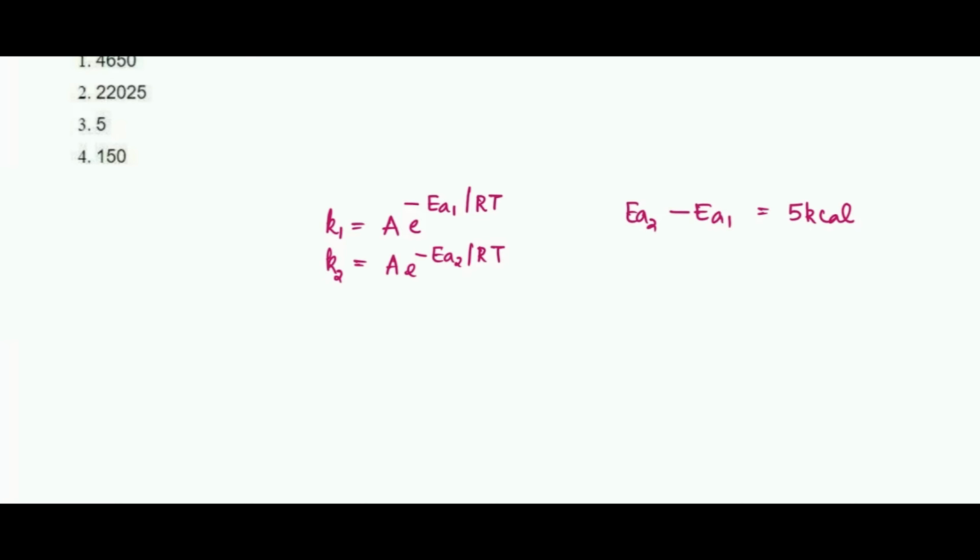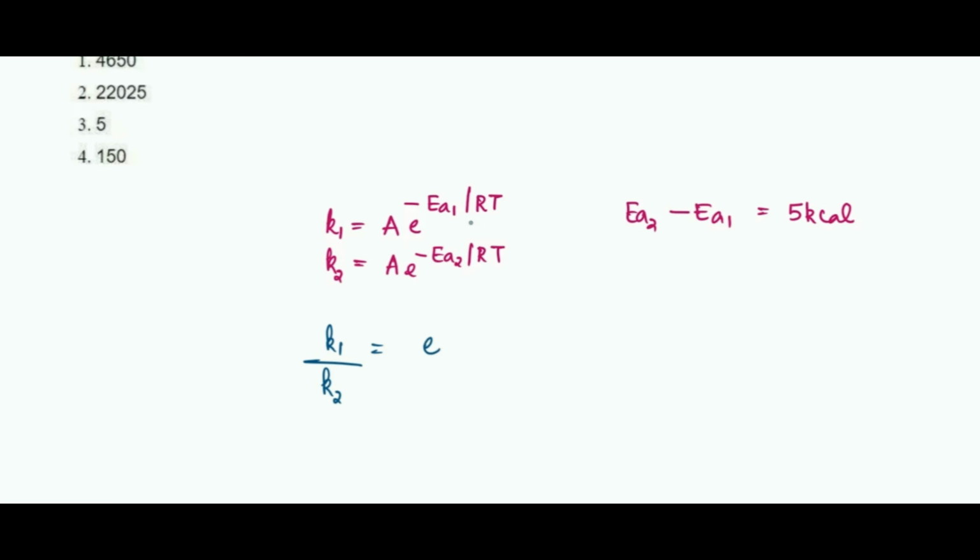Okay, so EA2 minus EA1 is given as 5 kilocalories. What do we need to find? The ratio of the rate constants of the first and the second reaction at 298 Kelvin. Nothing much, you divide it. When you do K1 by K2, A and A cancel.